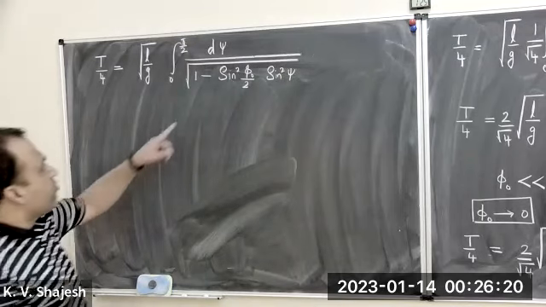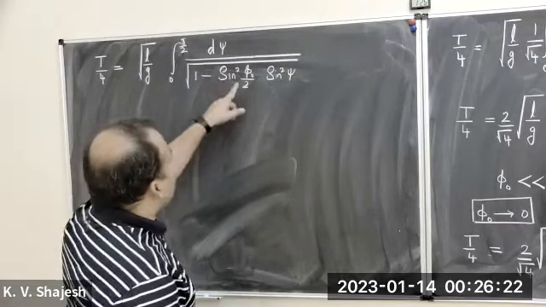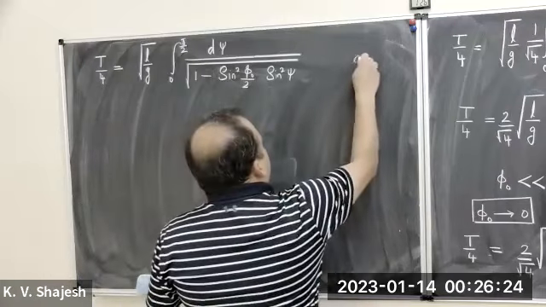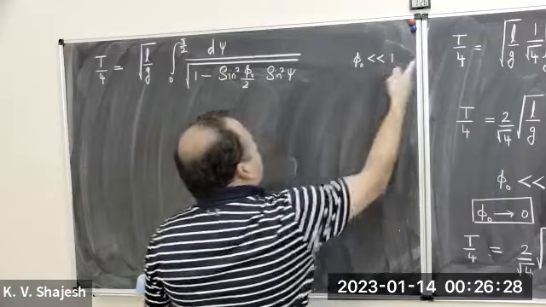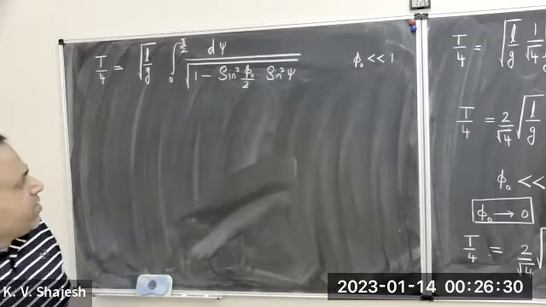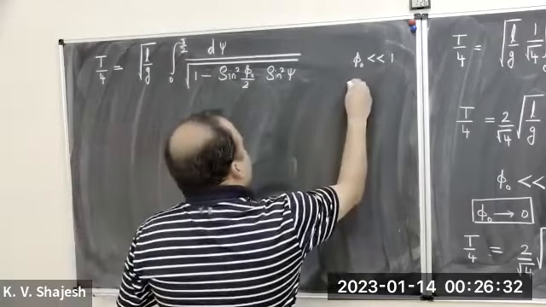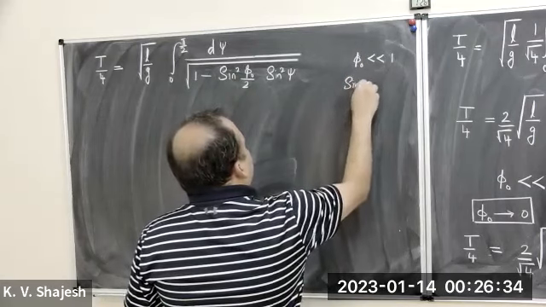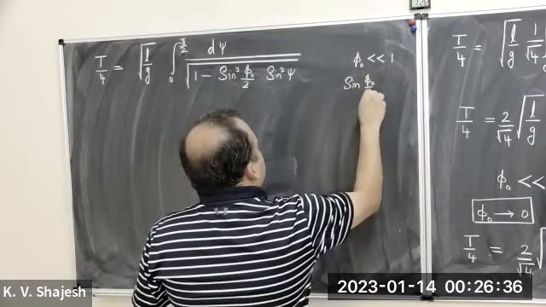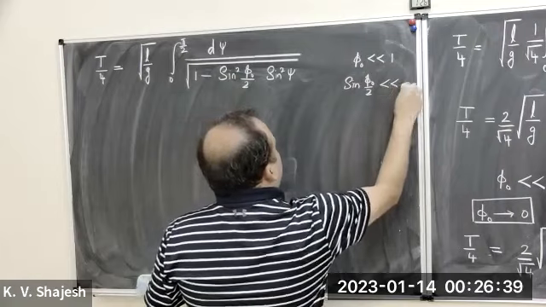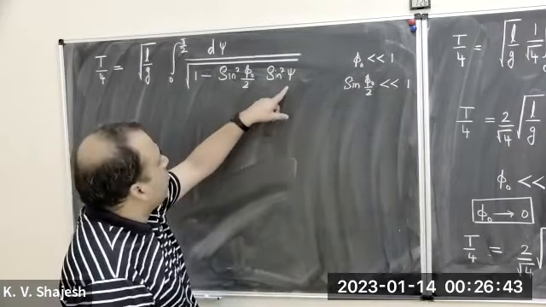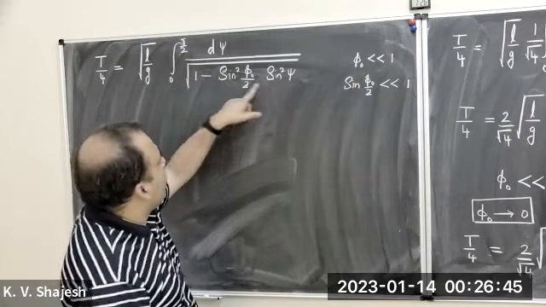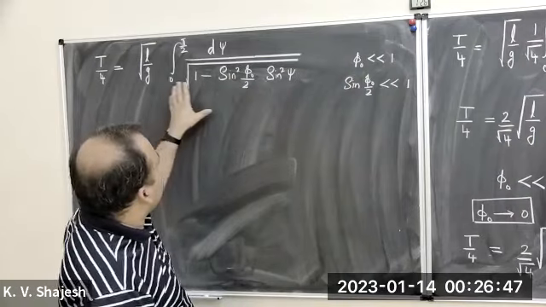We're wanting to say that this is small. So if angle phi naught is small compared to 1 radian, which is a dimensionless quantity, that also means that sine of phi naught over 2 will be very small compared to 1. And sine is always less than 1.